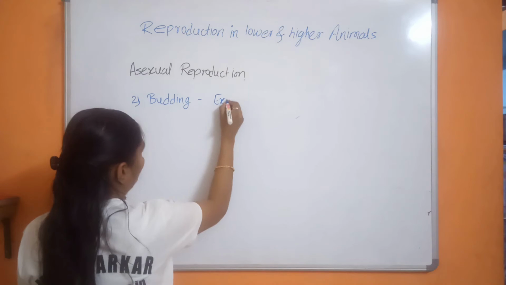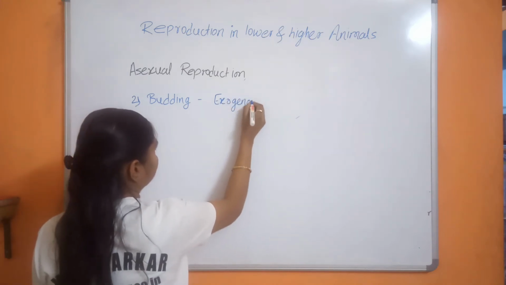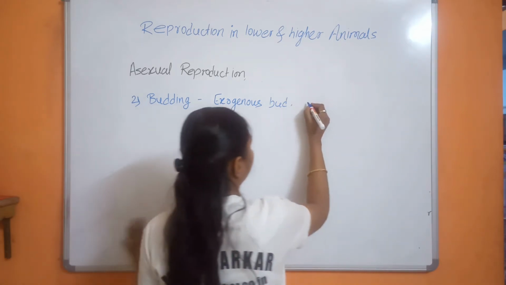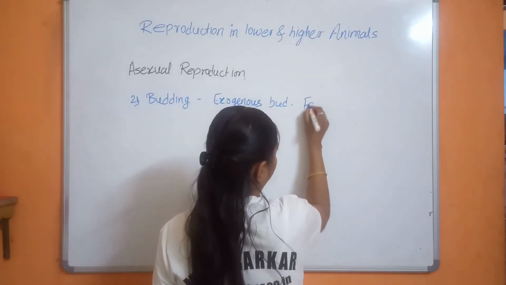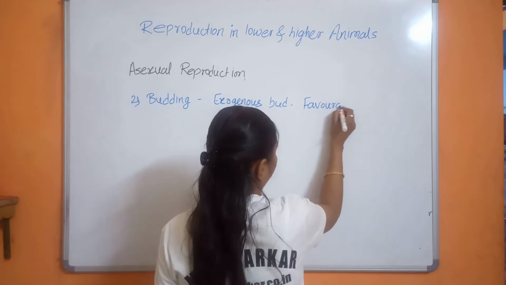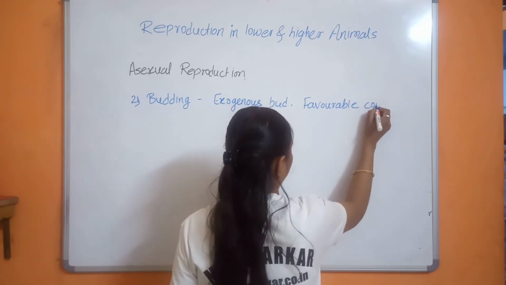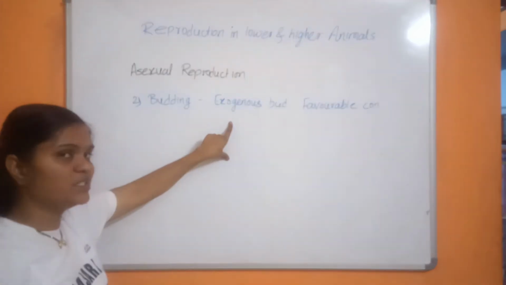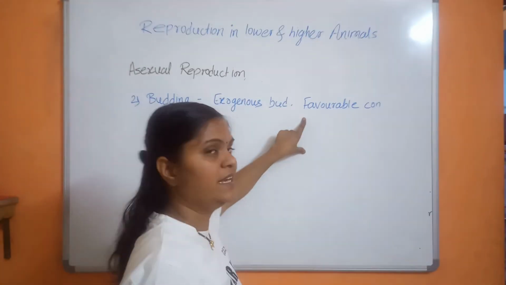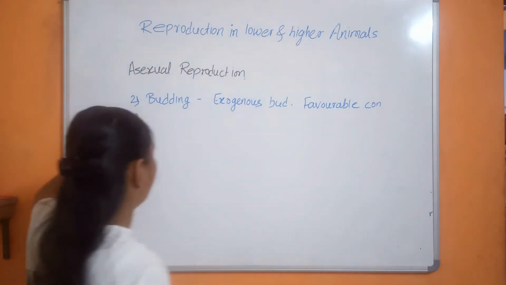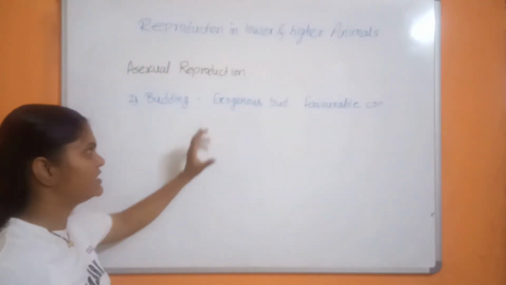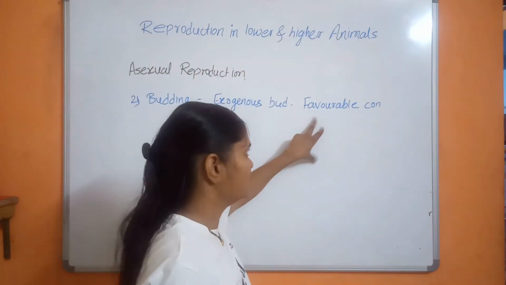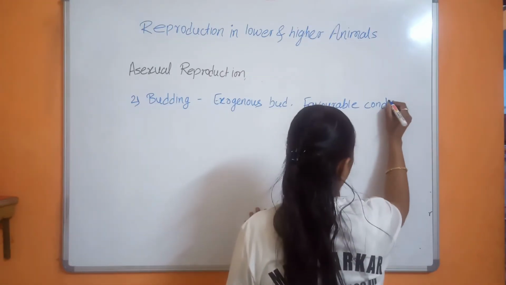So recall, gemmule formation is an endogenous bud which takes place in unfavorable condition, and budding is an exogenous bud which occurs in favorable condition.